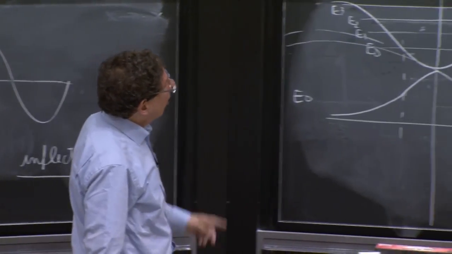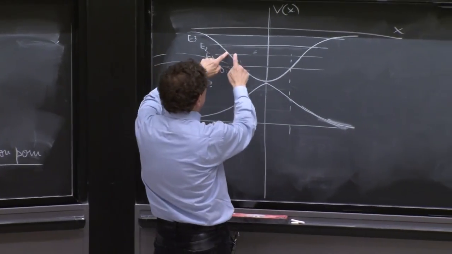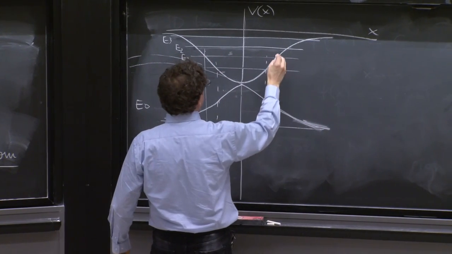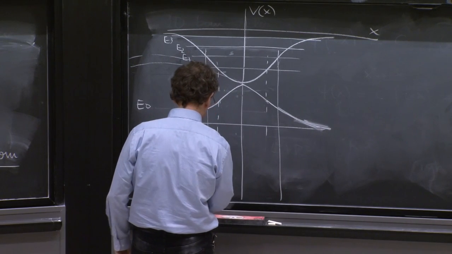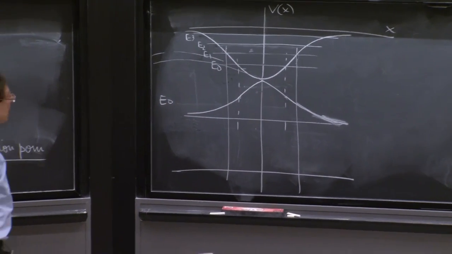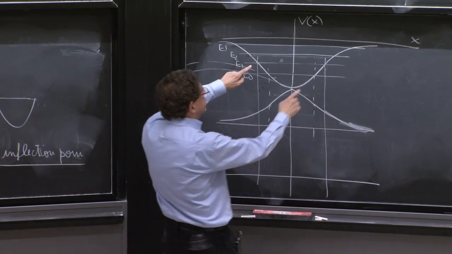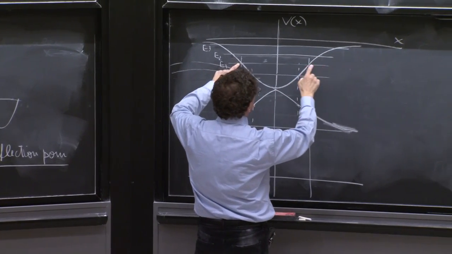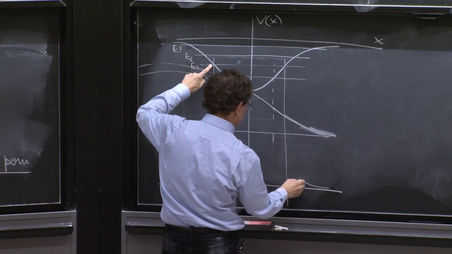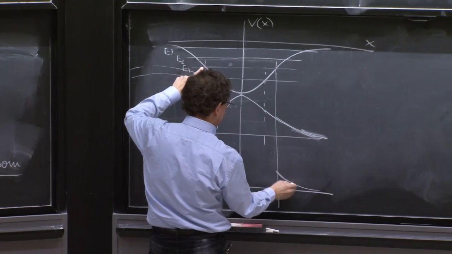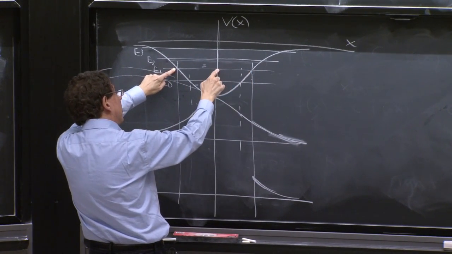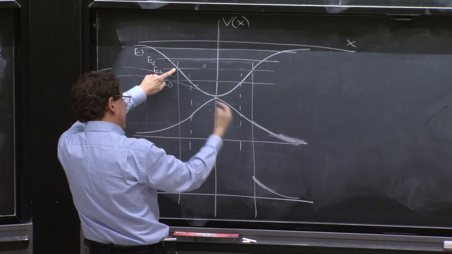On the other hand, if we try the next one, maybe, the turning points would be here. Let's see what happens. Well, now the forbidden energies are over here. And now you have a turning point here that in here the curvature is negative.